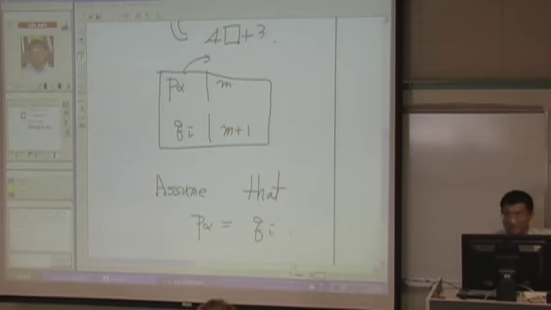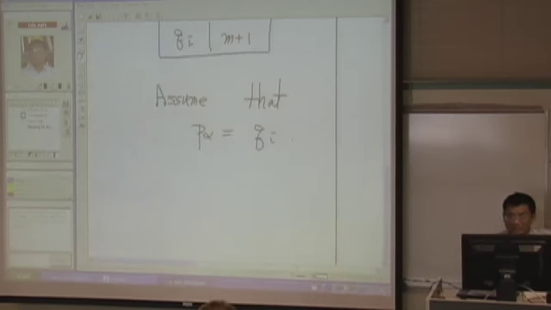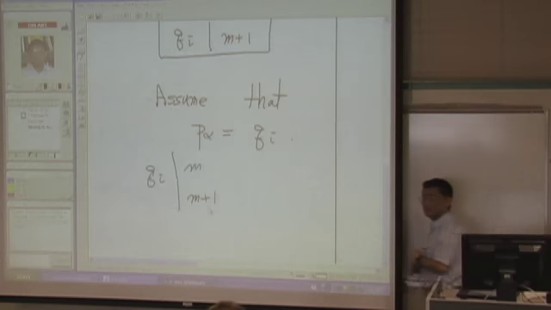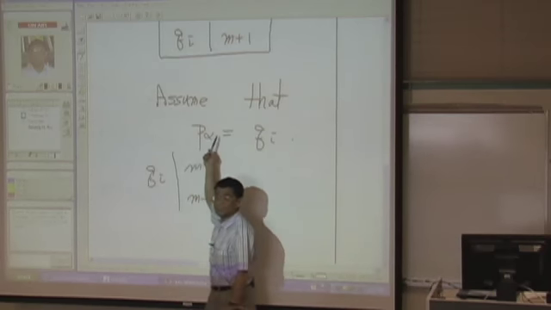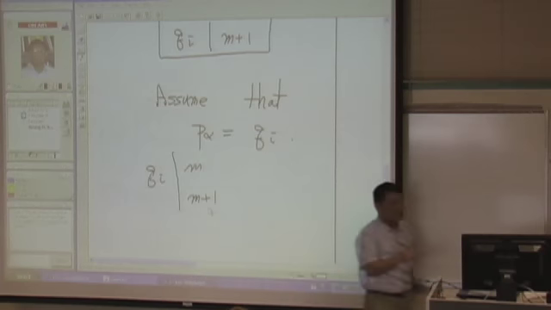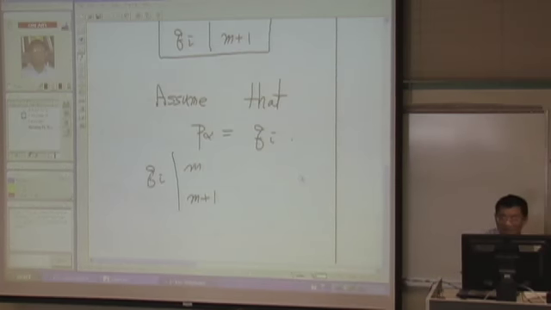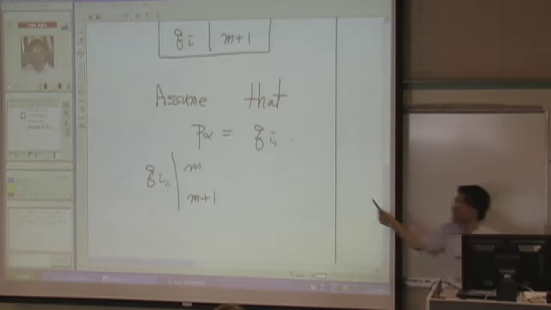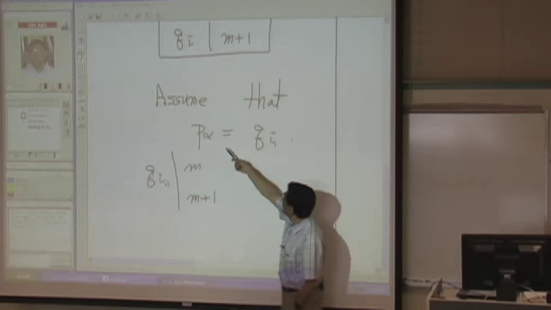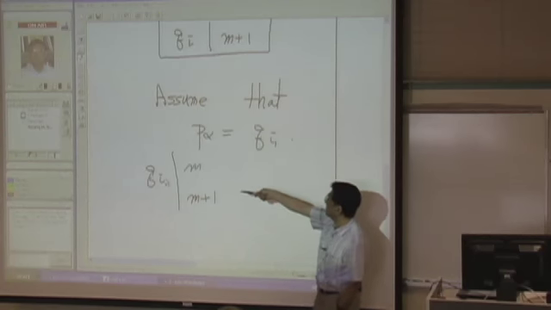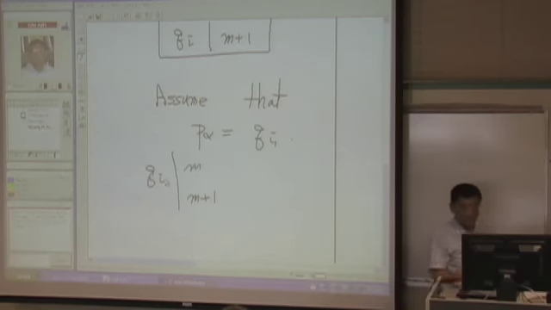Then it means Q sub i divides both M and M plus 1. Do you follow me? If this number belongs to the set, then it should be the same as some Q sub i. To be more specific, we can say Q sub i1 or this kind of thing, which is not necessary, but you can add it to distinguish it from the generic one. So P alpha happens to be some Q sub i1.